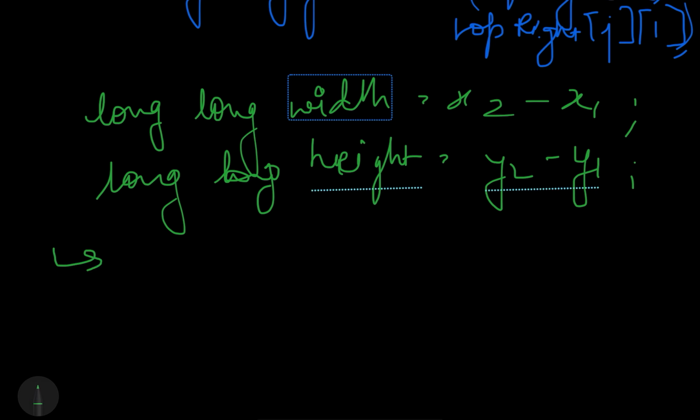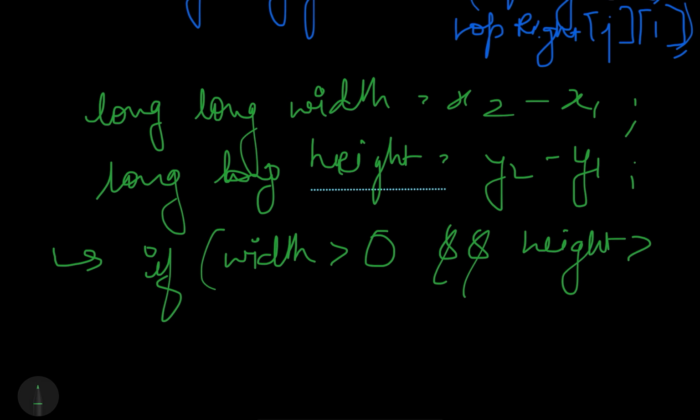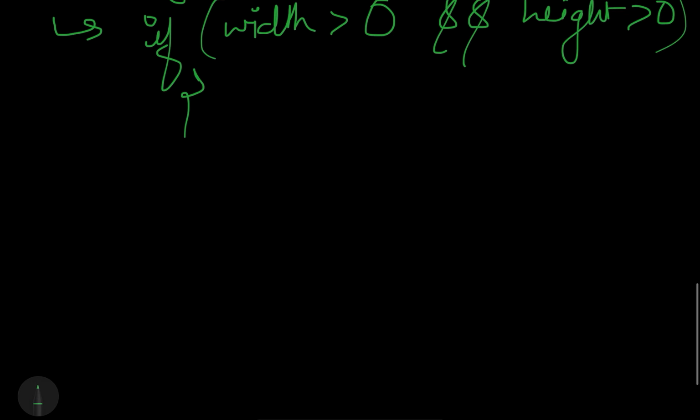Now we'll check whether the intersection is there or not. If there is no intersection, then width or height would be 0. Okay. Then if not, what we'll do?